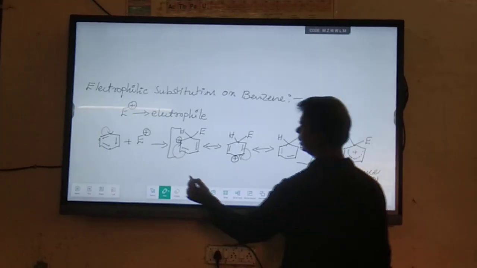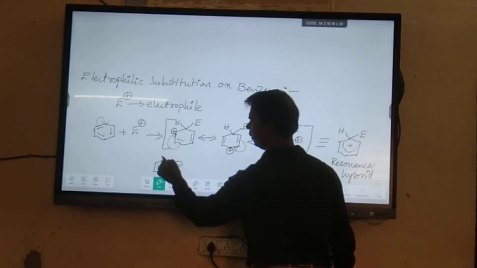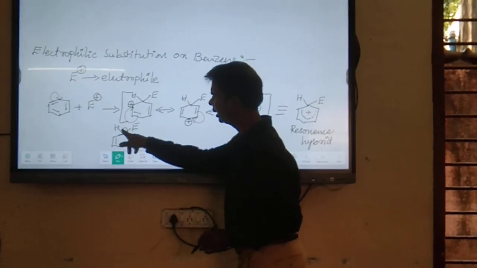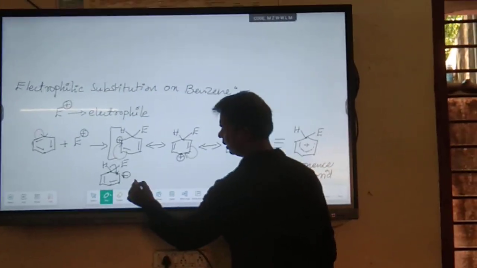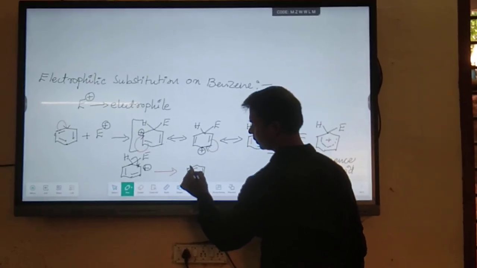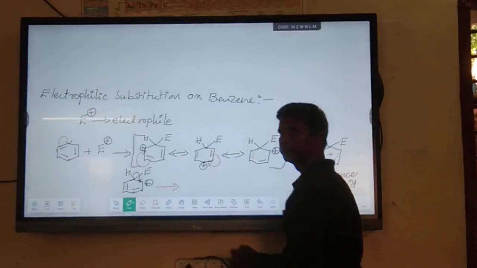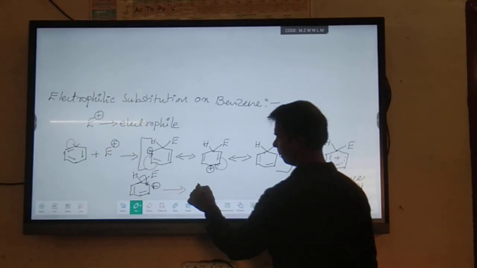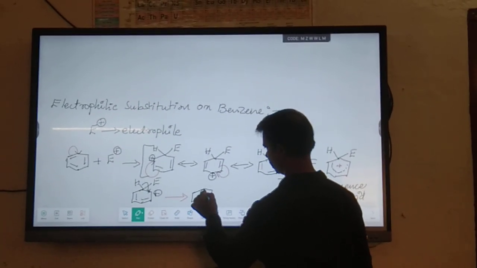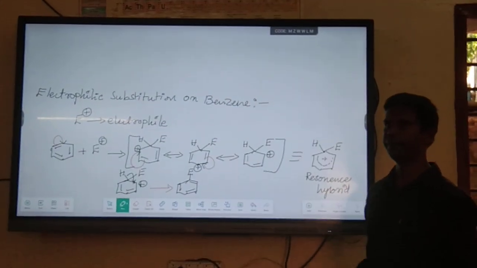The next step: the positive charge here will be neutralized by getting the electron from the hydrogen, and the hydrogen will leave as H plus. Understand? This is the mechanism.